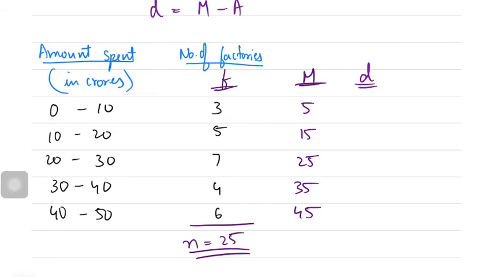Okay, so your d column is m minus a. So you take first number of m as a. You can take any number. It would be advisable to take 25 as a because that is the middle number. But I want my calculation to become easy, so I am taking my first number as a. Okay, so 5 minus 5 is 0, 15 minus 5 is 10, 25 minus 5, 20, 35 minus 5, 30, 45 minus 5 is 40. Right?